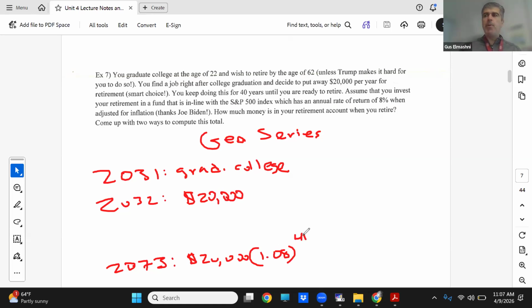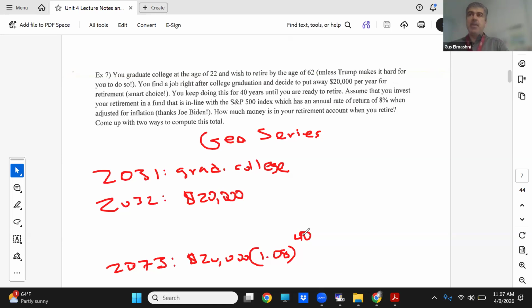And why am I multiplying by 1.08, by the way? It grows by 8%. So after 1 year, you take your 20 grand, you multiply by 8%, which is 0.08, but you add it on to the 20 grand, right? So that's why it's 20,000 times 1.08.